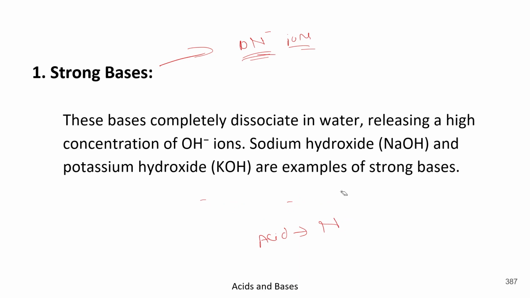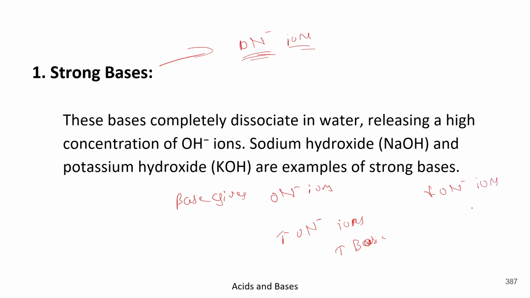Similarly, in this case, a base gives OH minus ions. So we can say the higher the OH minus ions, the more basic it will be. The fewer the OH minus ions, the less basic it will be. Got it? So this is the strong bases phenomenon.